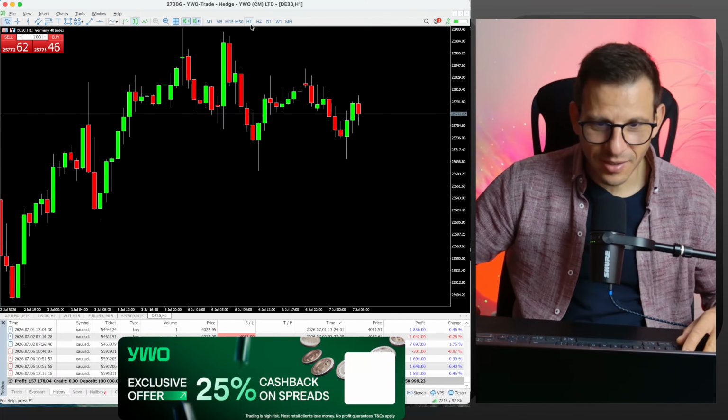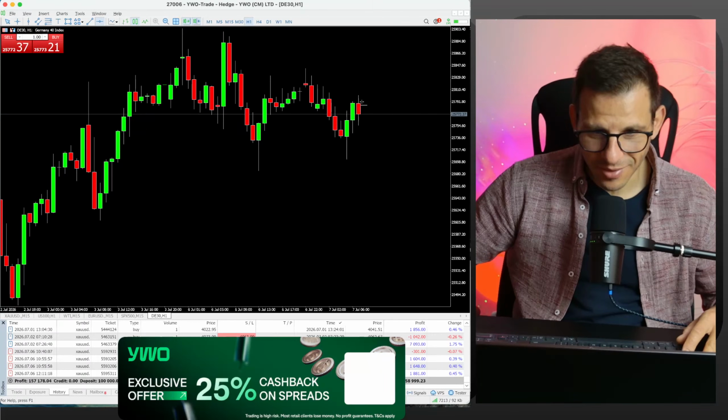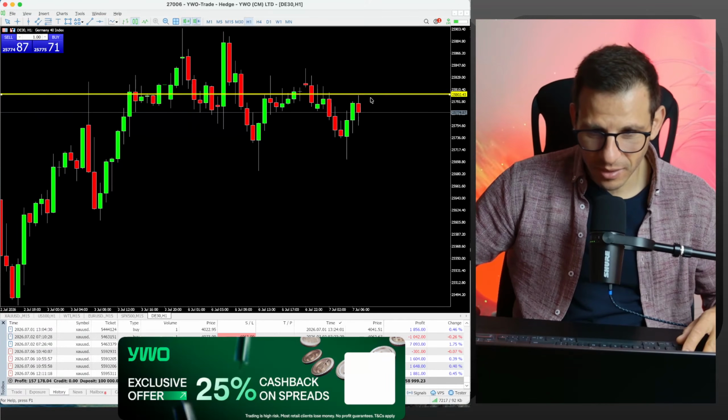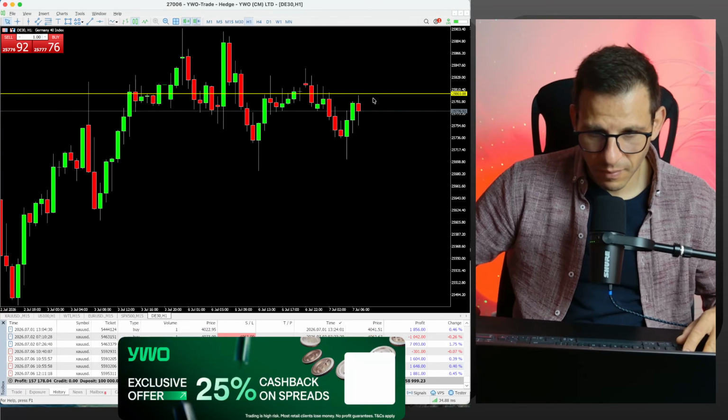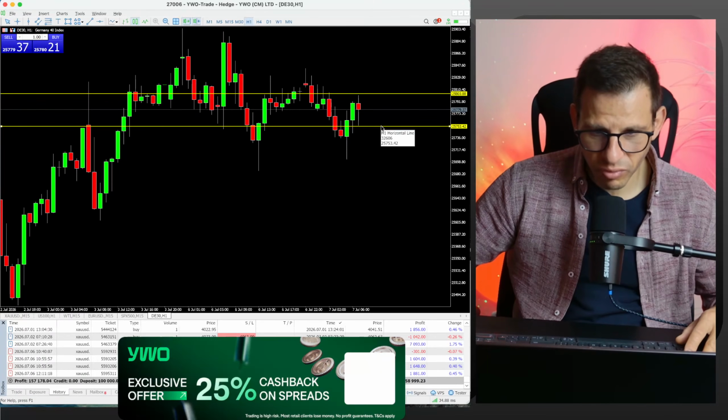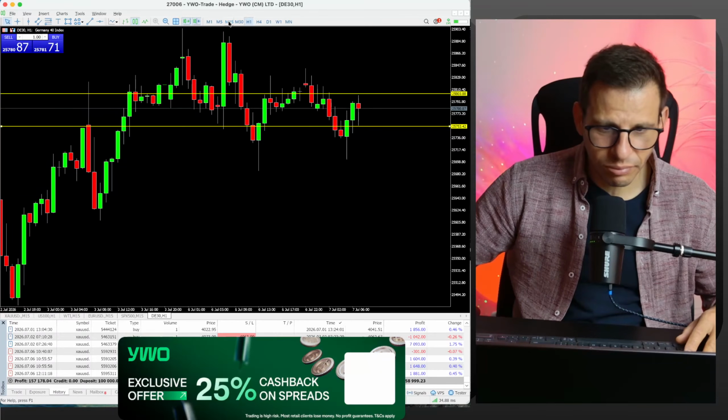Not analysis paralysis, just analysis. On the hourly, the market has bullish implications, but it's sideways. I don't see anything. Oh, that's the London low.